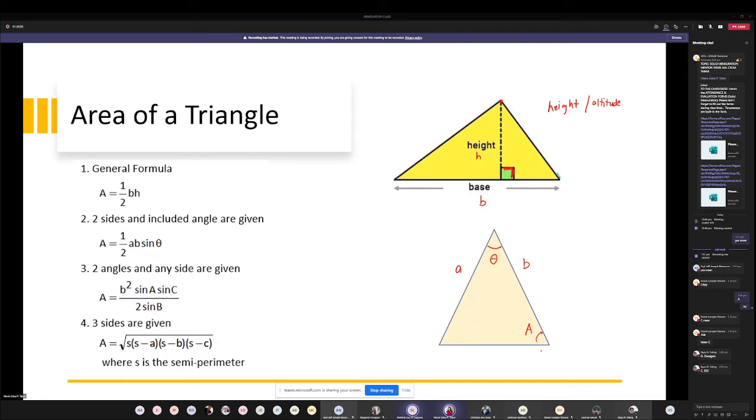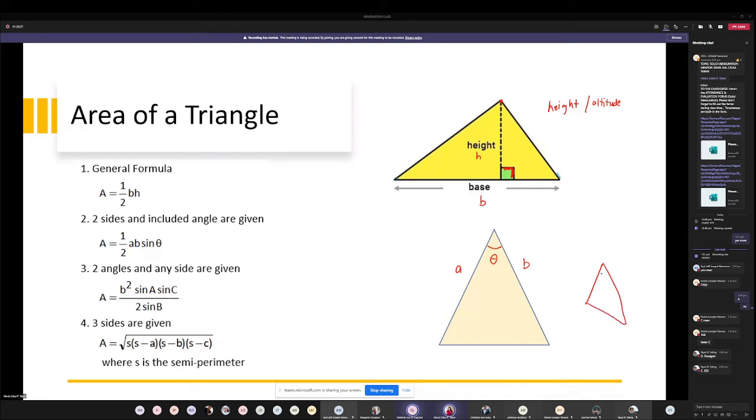Let me use another triangle so that you won't be confused. Let me draw another triangle because I'll be using a different notation for the angles instead of theta. So let's say this is the triangle.